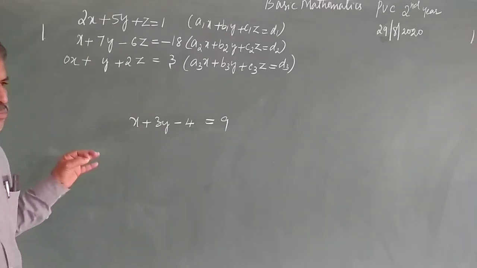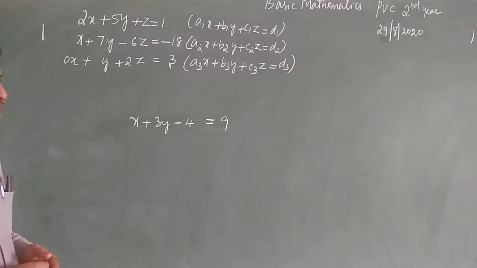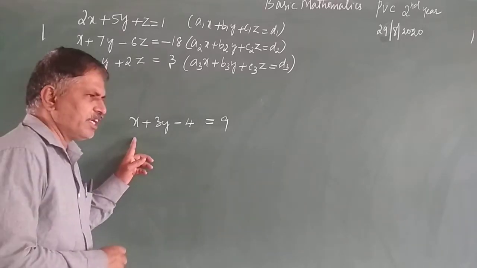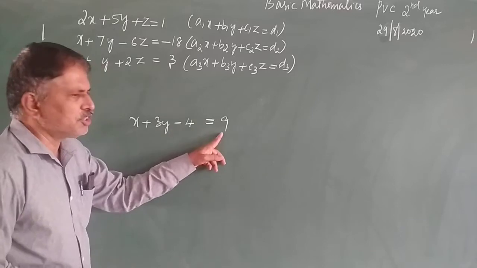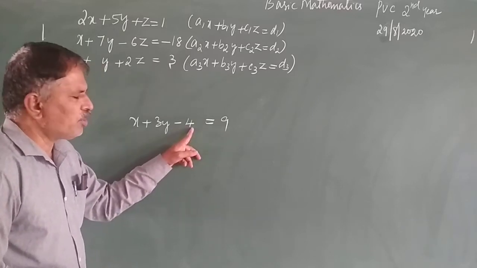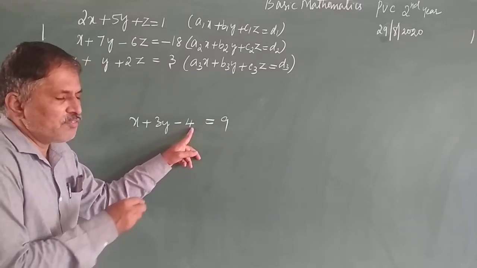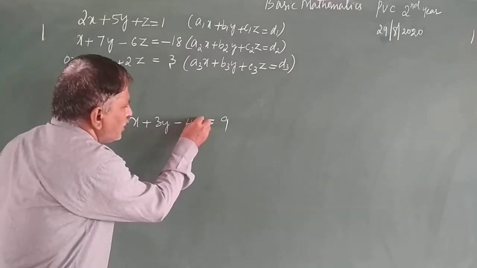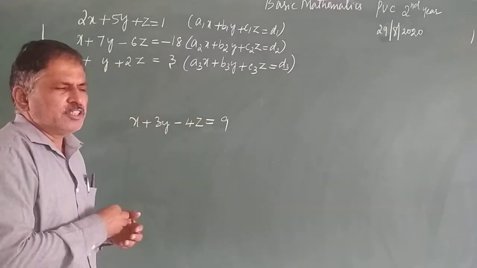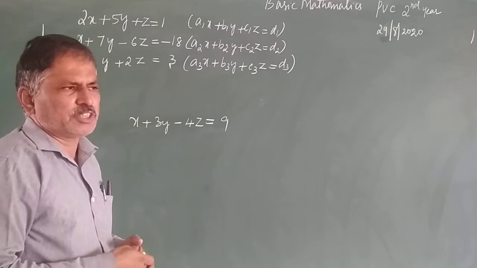See, remember, most of the students think that here x is there, y is there, and constant is given. So therefore, this is not 4z. They will change this one as minus 4z. The students themselves change the question paper.